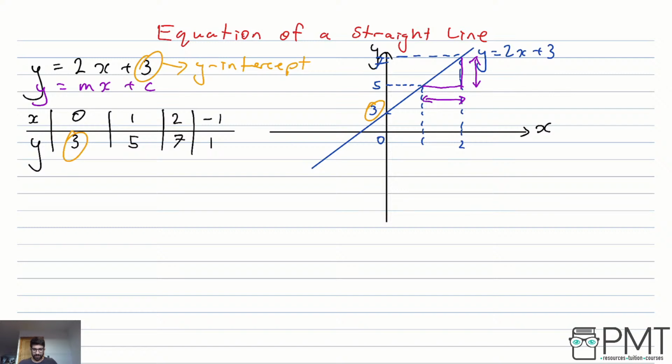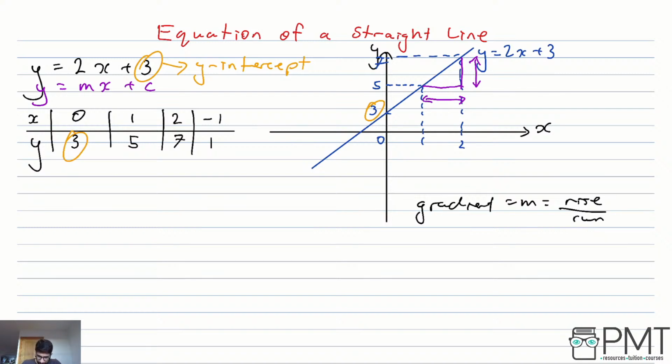It's the rise. That's this vertical side of the triangle that I drew there. If you take that value and divide by the run, you will get the gradient. So let's write that down. The gradient m, which is rise over run.